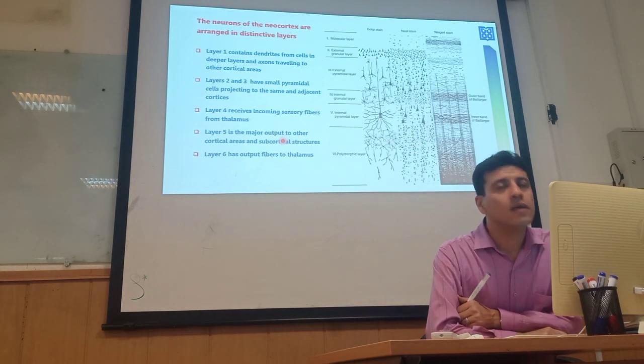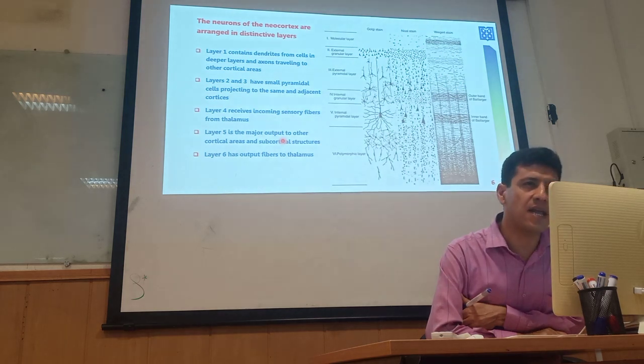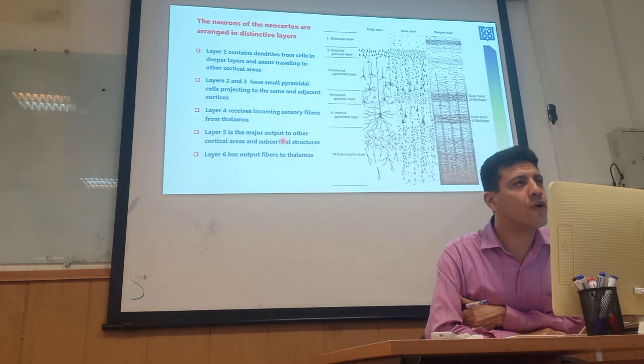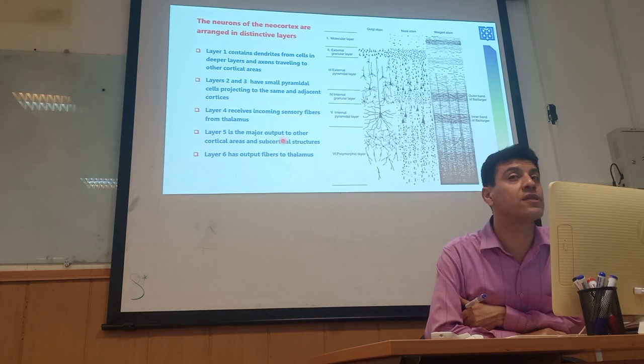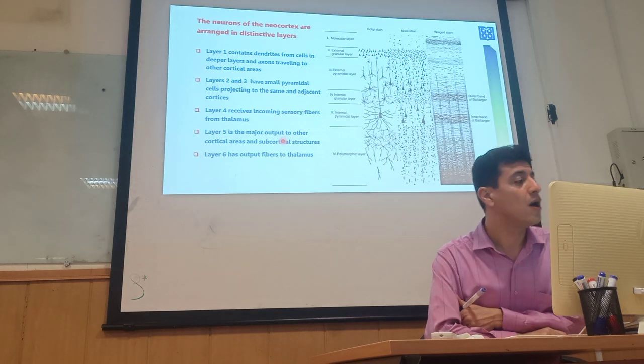Okay. Different layers of the cortex. Remember, we had six different layers. Layer 1, 2, 3, 4, 5, 6. Layer 4 is the layer which receives information from the thalamus. So thalamocortical inputs enter layer 4 of the cortex. Right?